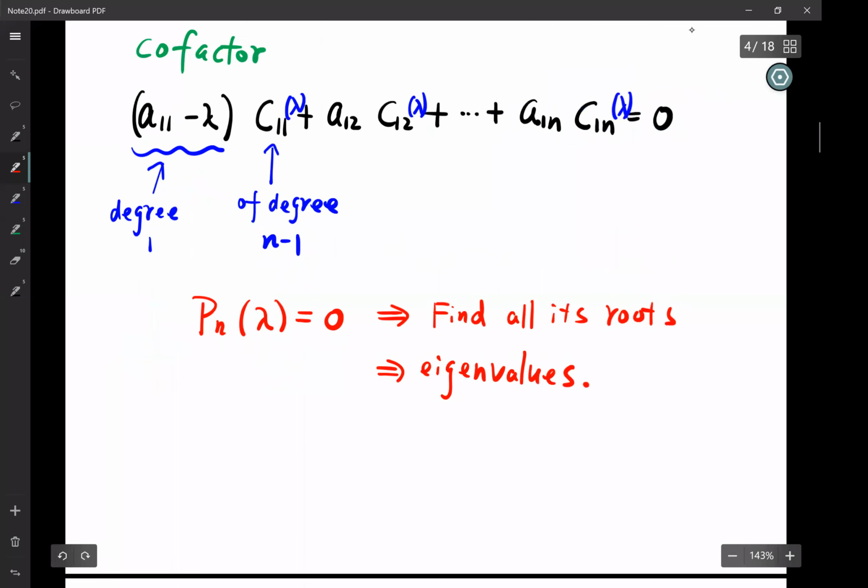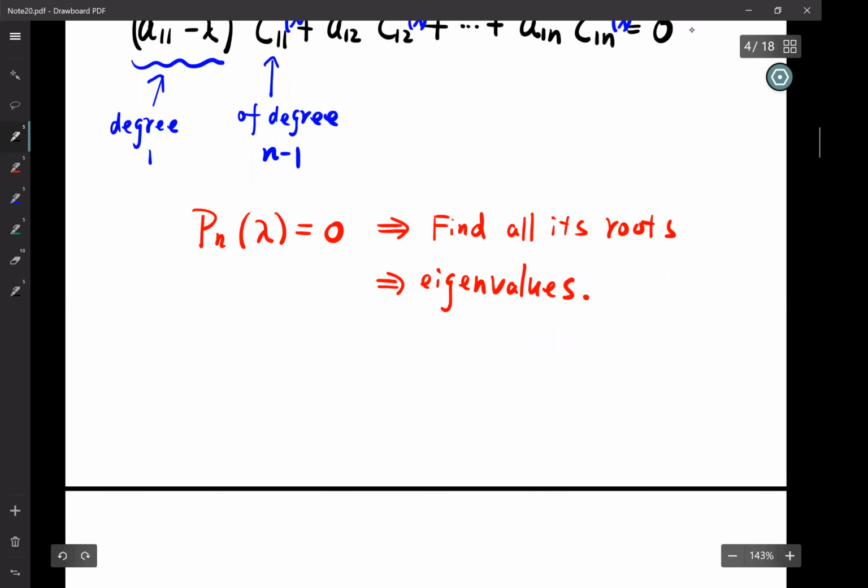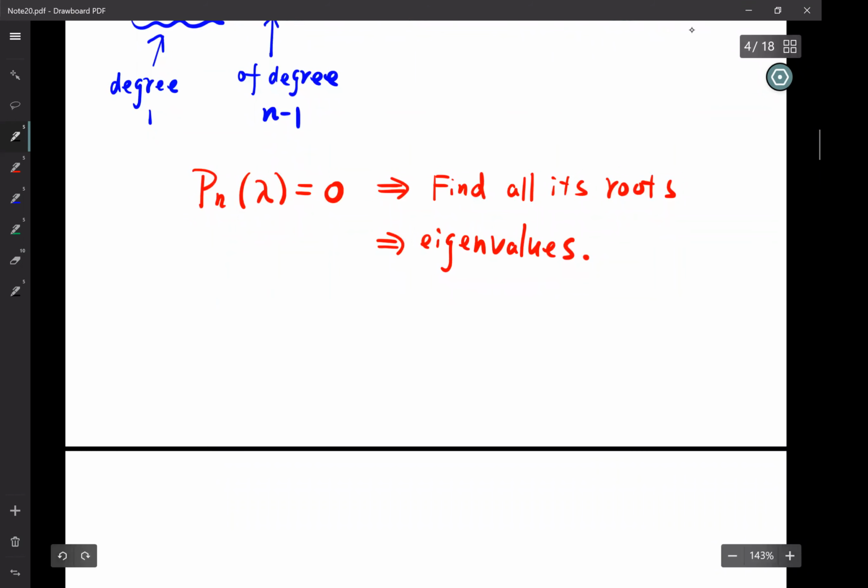If this is the first time you see it, it might be horribly counterintuitive, but we're going to work with a few examples and see that, at least for low dimensional matrices, this is not hard at all. Then we're going to talk about how to find the eigenvectors. Any question?